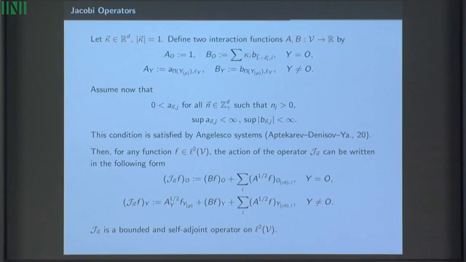You take the value of f at y multiplied by the value of the potential b at y. You take the value of f at the parent and multiply by the square root of the value of a at y, and then you do the same for all the children. So that's a certain operator on the tree. And it happens that this guy is a self-adjoint bounded operator under this condition on the tree. So when you work with d equals 1 and you simply live on positive integers, that would be the classical Jacobi matrix that hopefully some of you know.